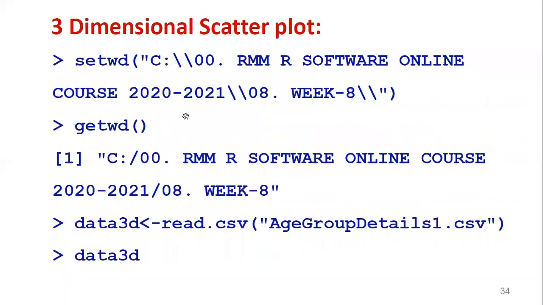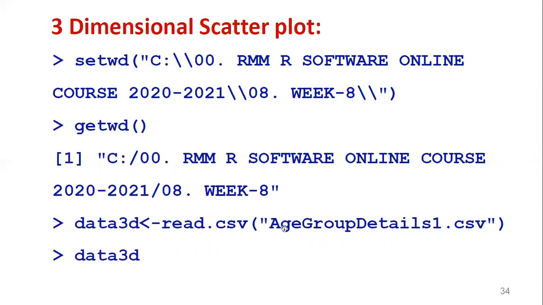Then you can take your own data, where the data is located. You can set the path. So here I stored the COVID data age group details 1.csv in the location week 8 under the R software course in C drive. So that path I will set.